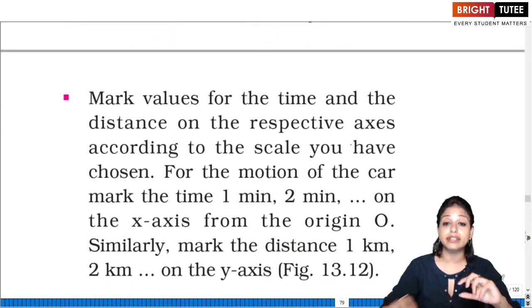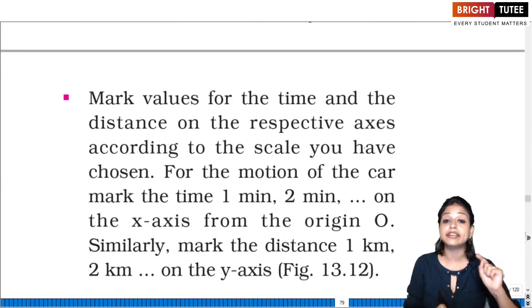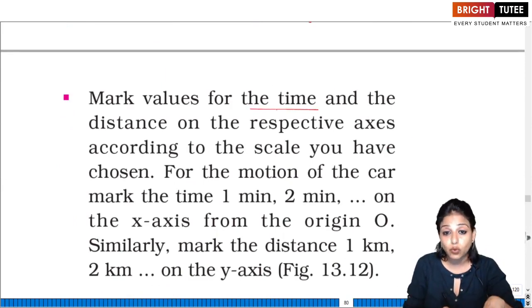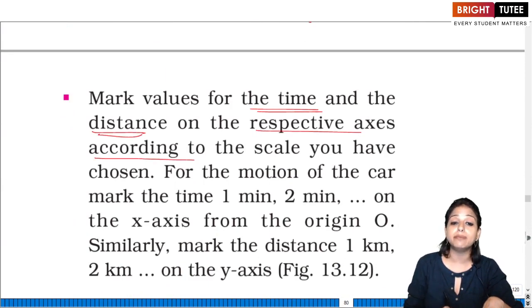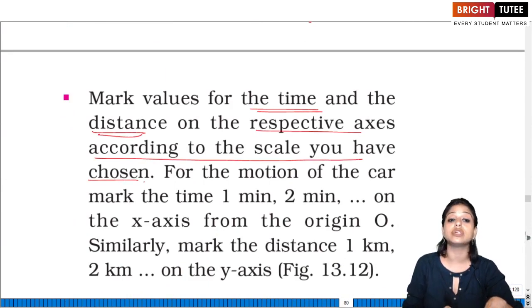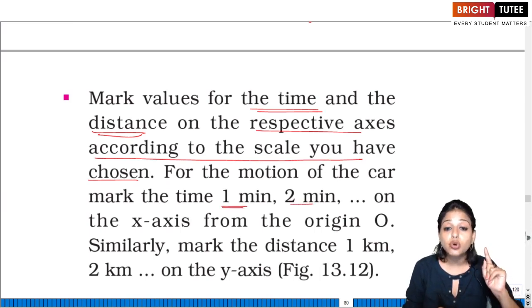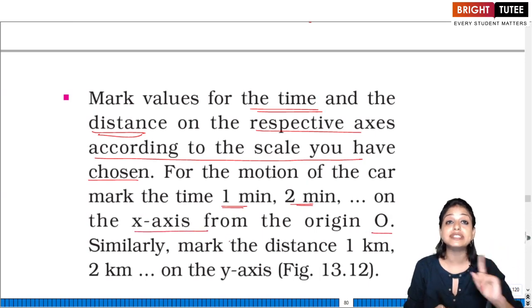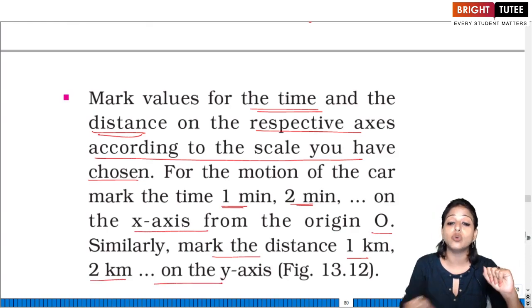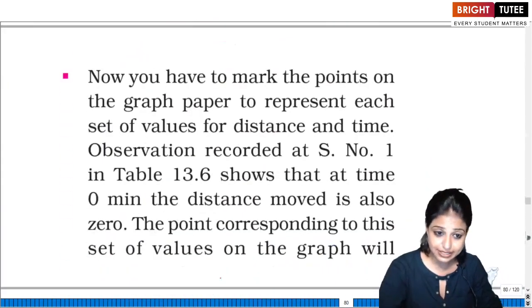Now we need to mark the values that are given in the data, the table. So we need to see at what time, what was the respective distance covered in the motion of the car according to the scale. So for the motion of the car, you know that 1 minute, 2 minutes, 3 minutes, all are marked on the x-axis from the origin. Similarly, on the y-axis, 1 kilometer, 2 kilometers, and so on are marked.